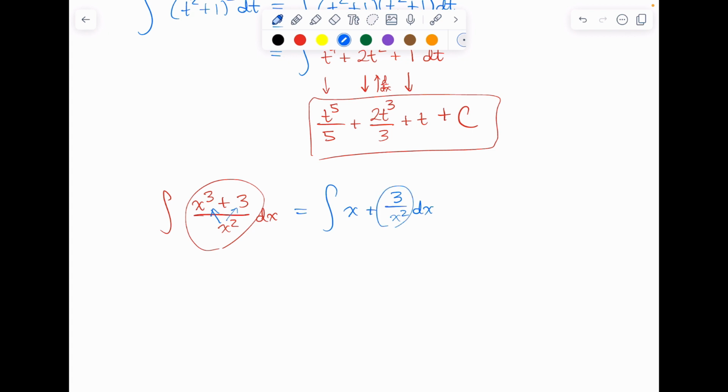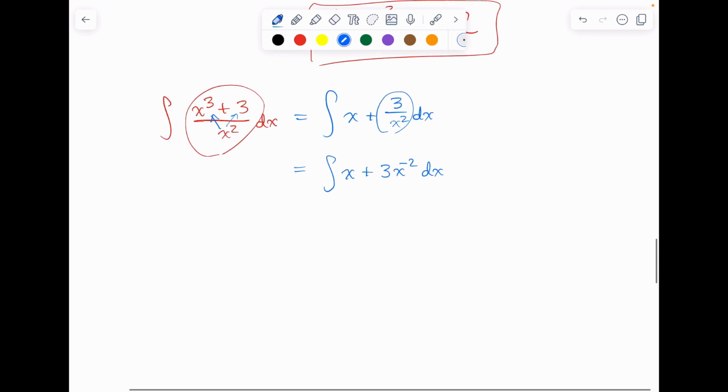We can actually rewrite this term. Maybe we go ahead and do that. So we have x plus 3 times x to the negative 2 dx. And now let's just do the antiderivative of each term. So antiderivative of x, that would be x squared over 2, right? So that one's pretty straightforward.